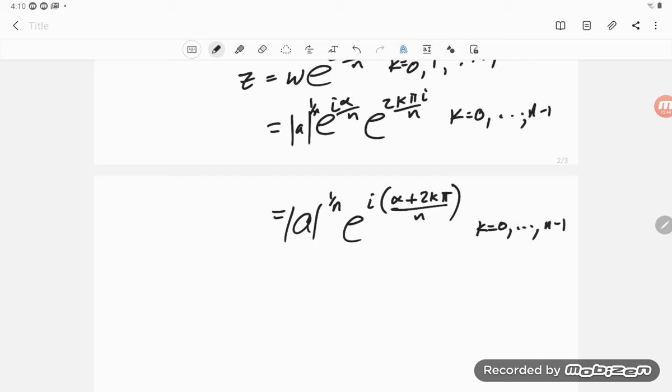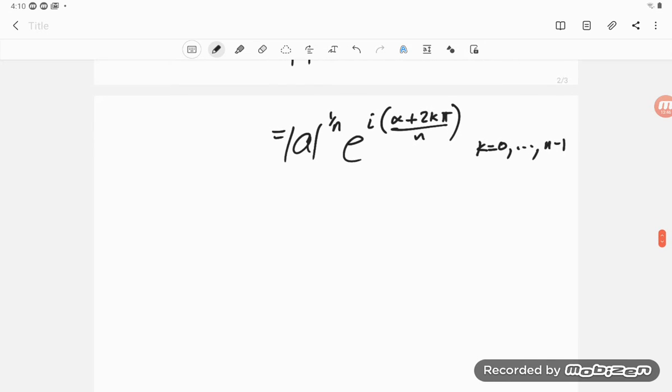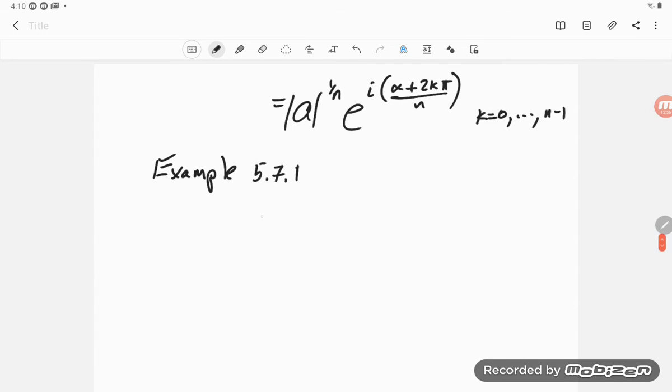Okay, so from those two things, we have example 5.7.1. If I want to do z to the 5th minus 1, and I'd like to factor that, so they say factor this thing.